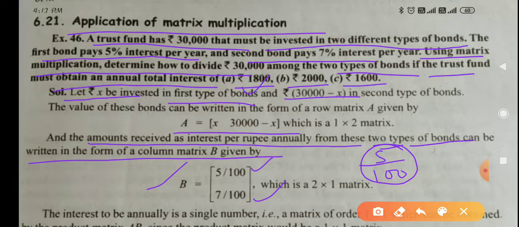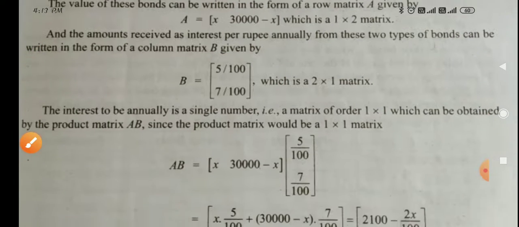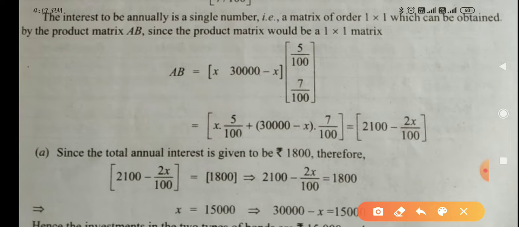Now you see, if you multiply A and B, what will happen? First of all, see whether multiplication is possible or not. The order of A is 1 by 2 and the order of B is 2 by 1.